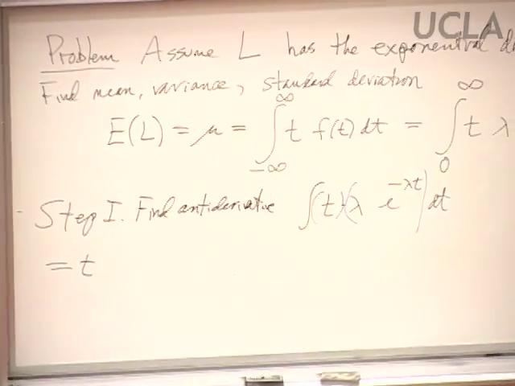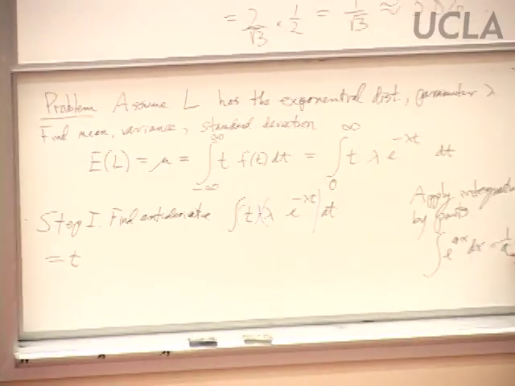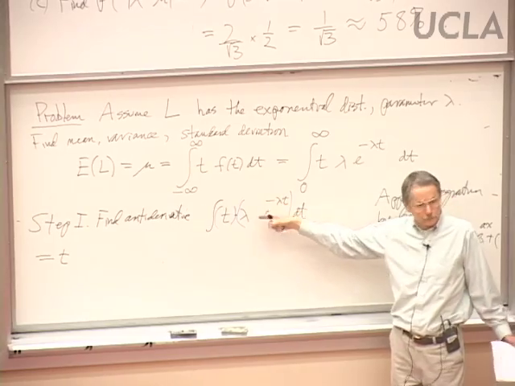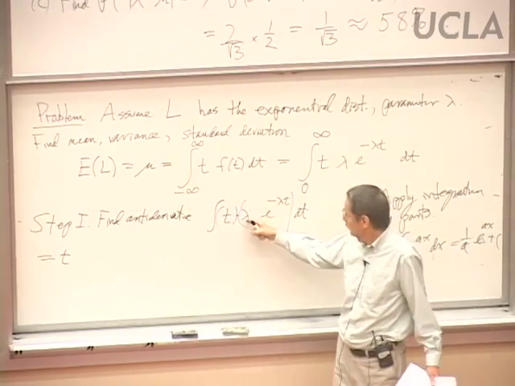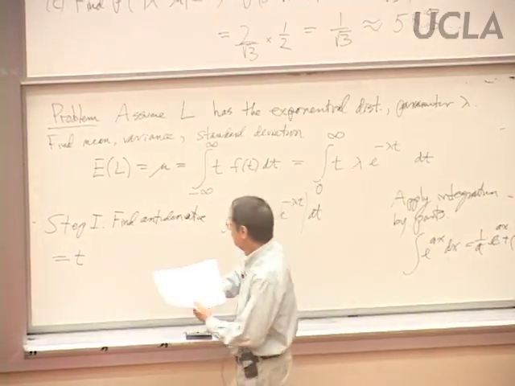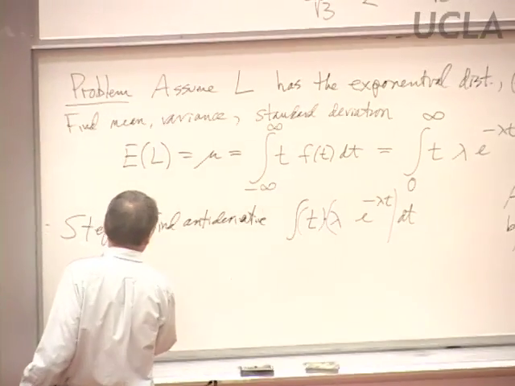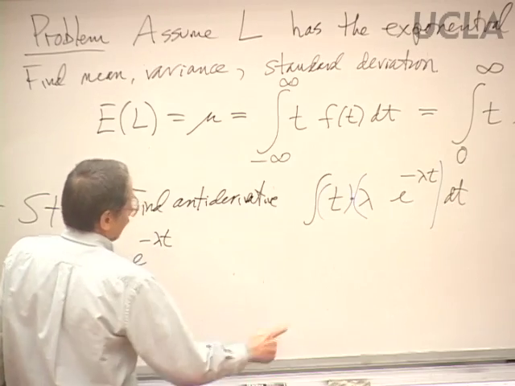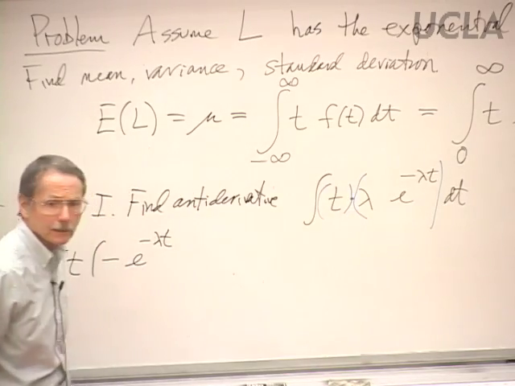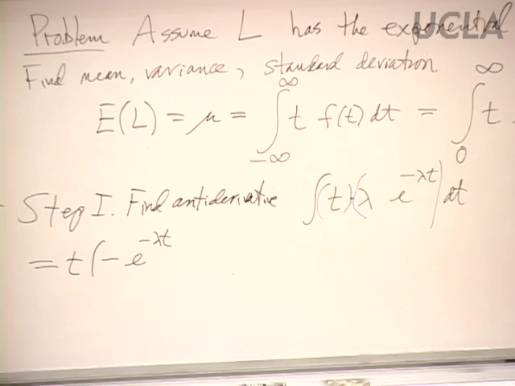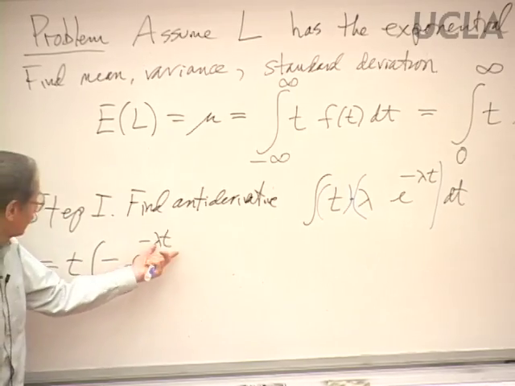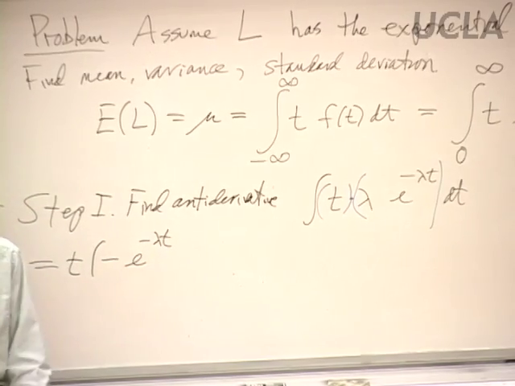So first we've got to integrate that. Well, so we get a minus 1 over lambda. The 1 over lambda part cancels with the lambda we got. So we get the antiderivative minus e to the minus lambda t.